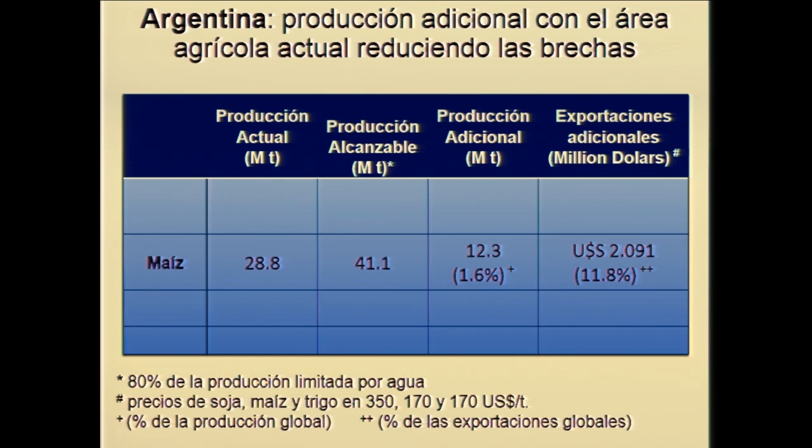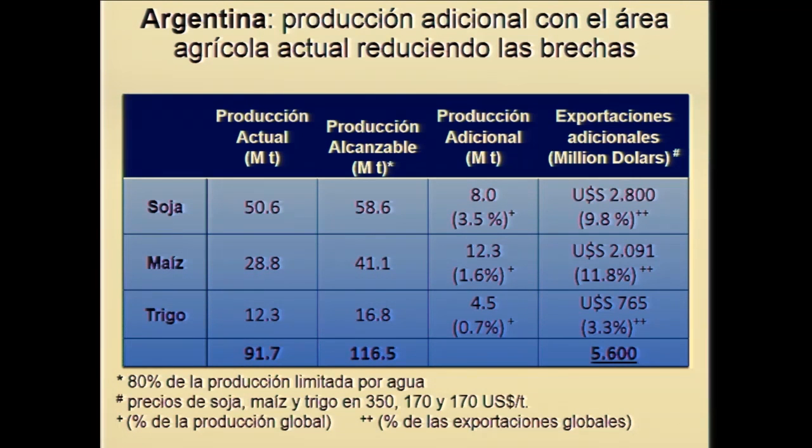If we integrate this into the country level, this meant going from 28.8 million tons to 41.1 million tons. So this would increase the income for the country by $2 billion.